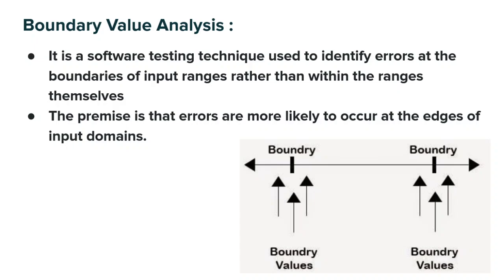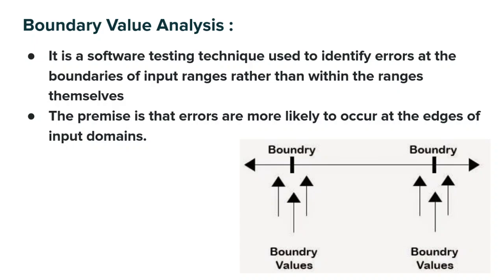As the name suggests, boundary value analysis is a software testing technique used to identify errors at the boundaries of input ranges rather than within the ranges themselves. The premise is that errors are more likely to happen at the edges of input domains. So let's say we have one range of test data.